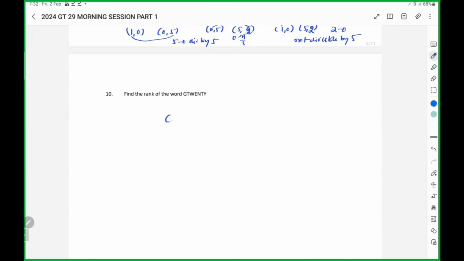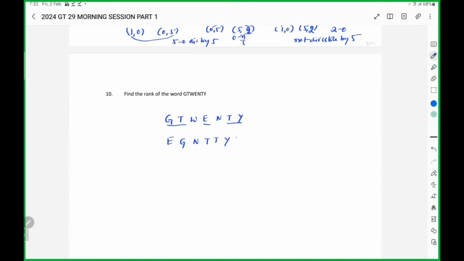Here, for finding the rank of a word, arrange the letters in alphabetical order: E, G, T, T, Y. How many? 7 letters.